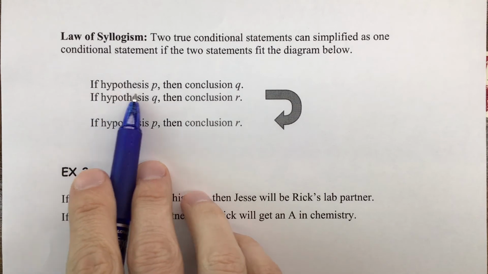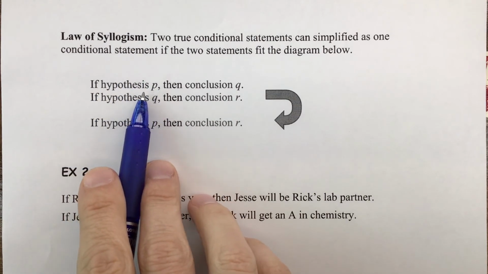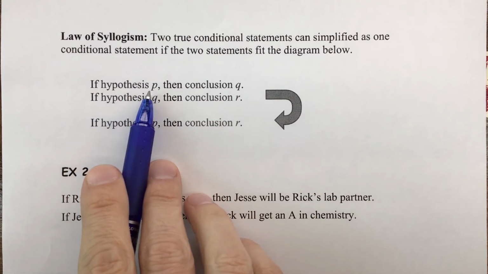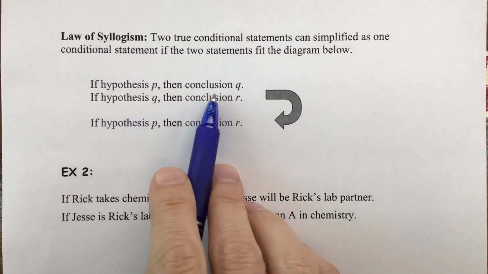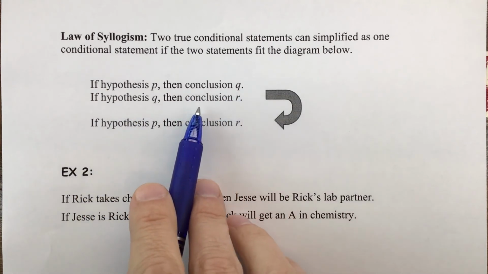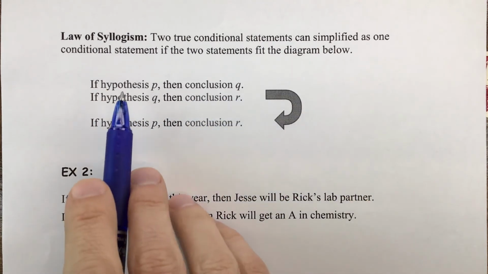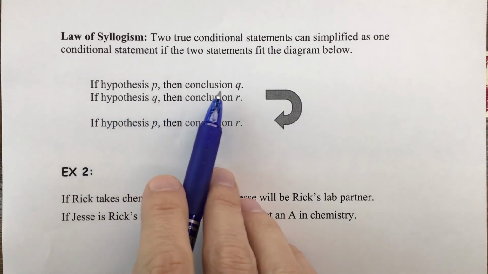All right, so it says that two conditional statements can be simplified as one conditional statement if the two statements fit the diagram below. So what we begin with here is two conditional statements. They're going to be vaguely stated here. They're not like actual examples. So you've got hypothesis P, conclusion Q, hypothesis Q, conclusion R. But what we want to do is look at the flow of things here.